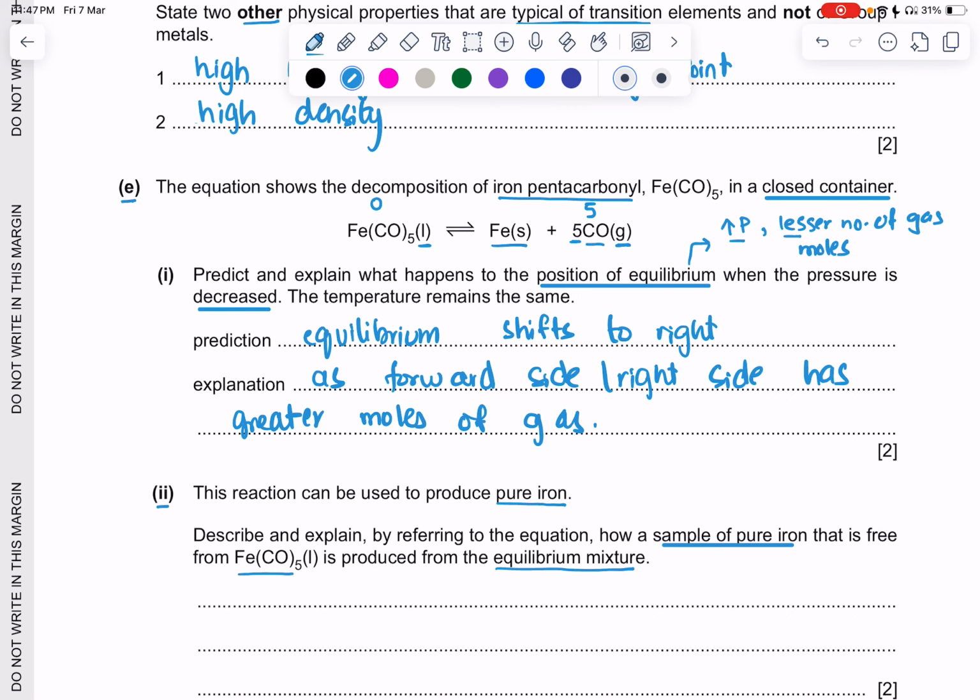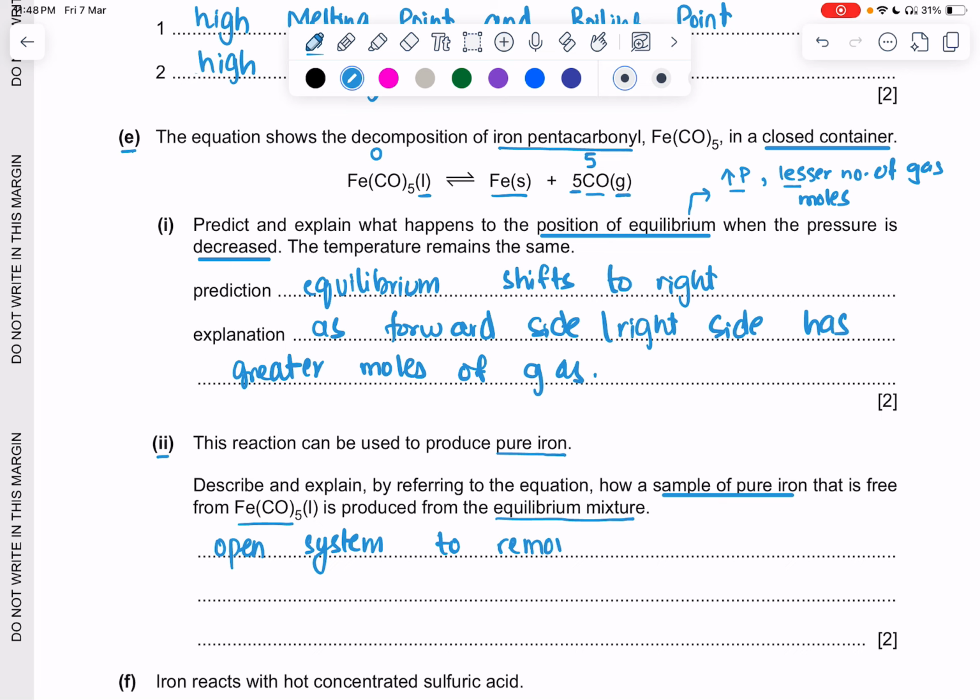So we can say, open the system. In this way, we can remove carbon monoxide. If the carbon monoxide is removed from the system, equilibrium shifts to the right side to get more iron.